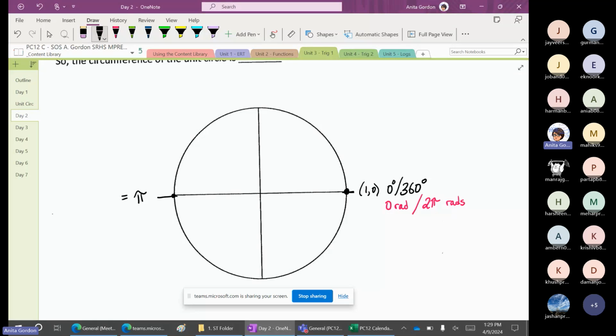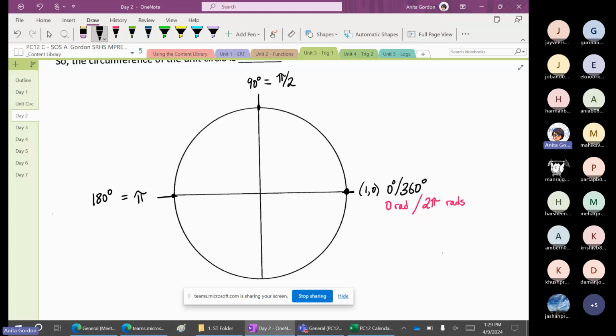So pi is equal to how many degrees? What's half a circle? 180 degrees. Okay, what if I go a quarter of the way? What if I stop up here? 90 degrees represents how many pi's? Half a pi, yeah, pi by 2.